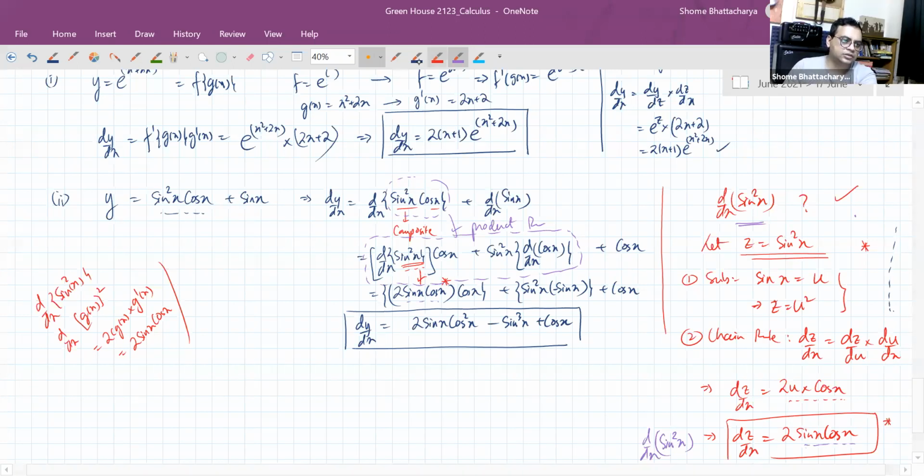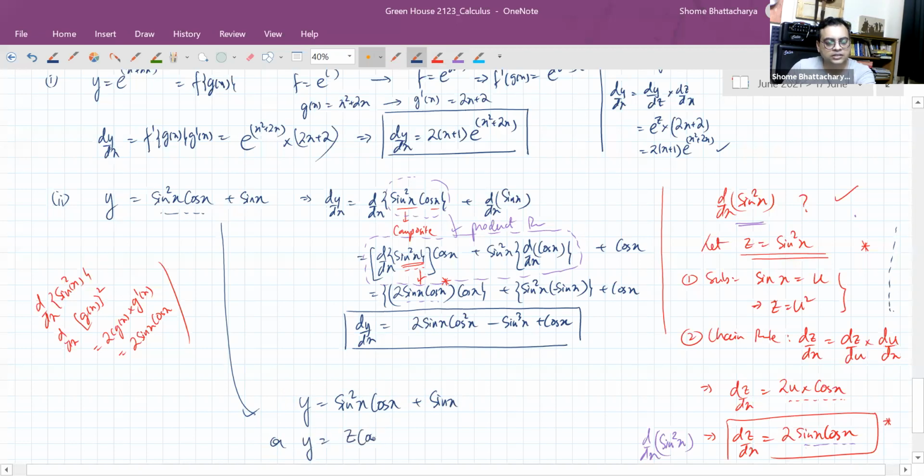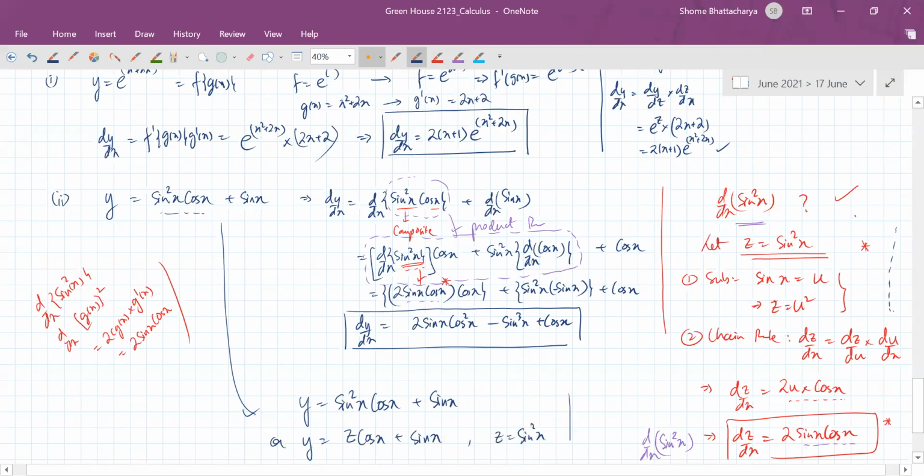Here only I can say that in this function, when I've written this function this way, sine square x into cos x plus sin x, let me say that y is equal to some z into cos x plus sin x. Where what is z? Sir, here z would be sin x then. Sorry, come again.